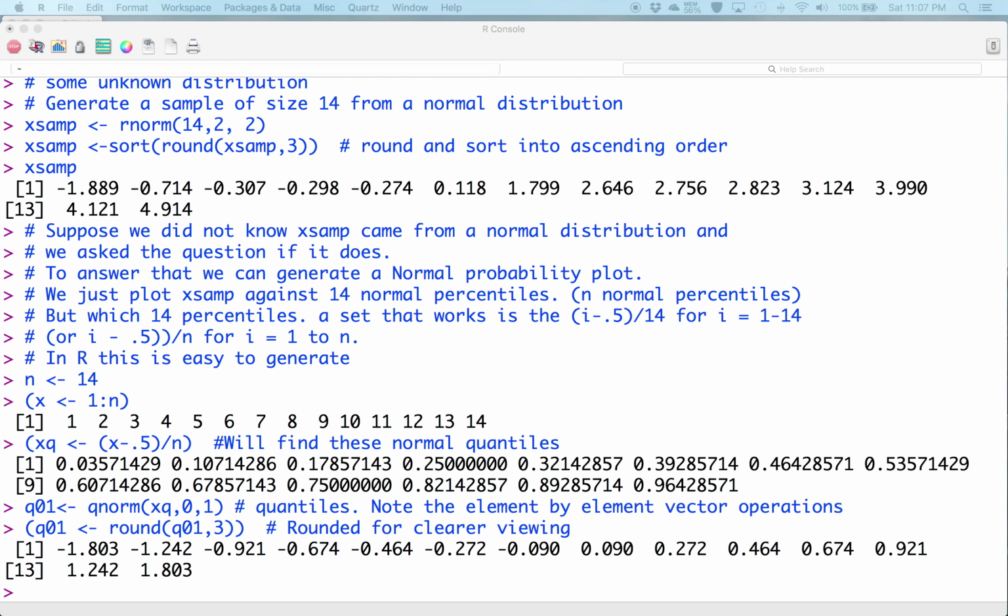Basically what we're going to do now is plot these numbers against the sample that we have up here. So this is XSamp, and this is called Q01. And my plot is going to be pretty simple.